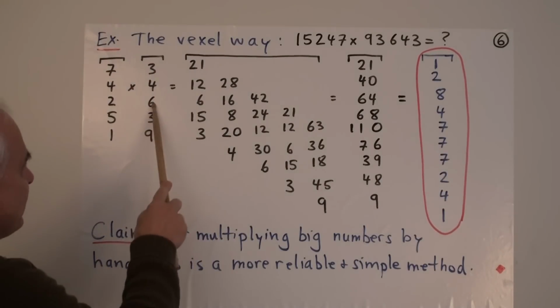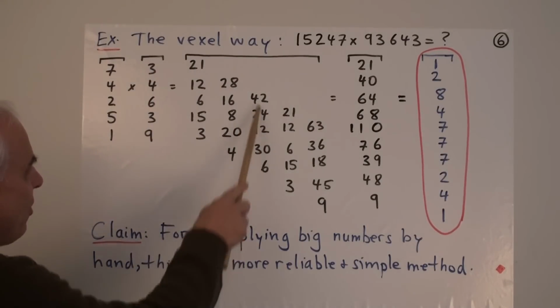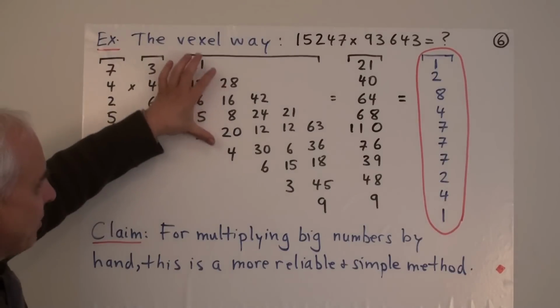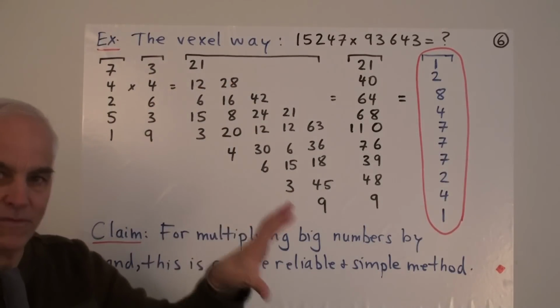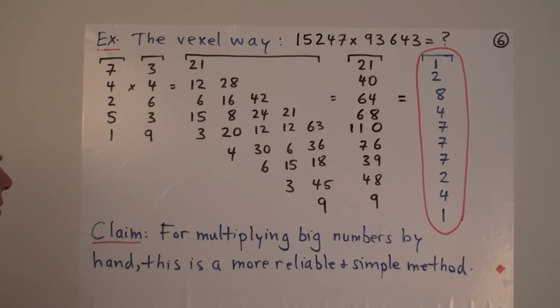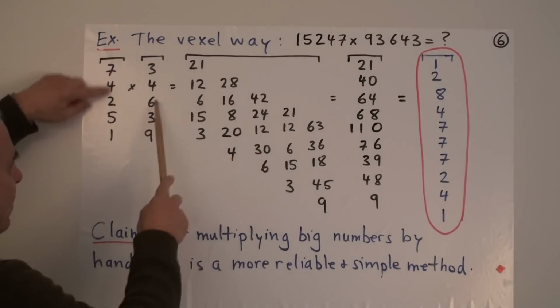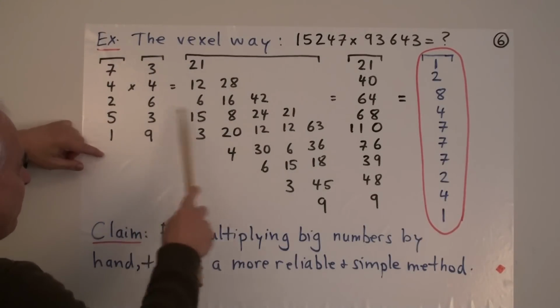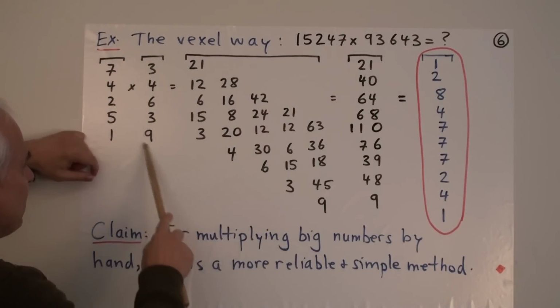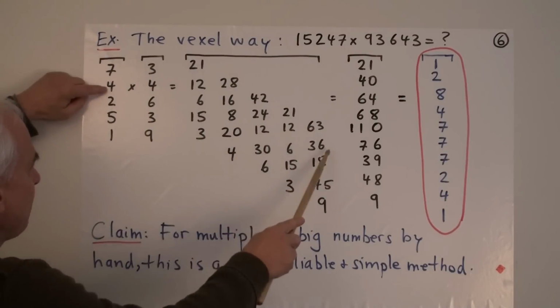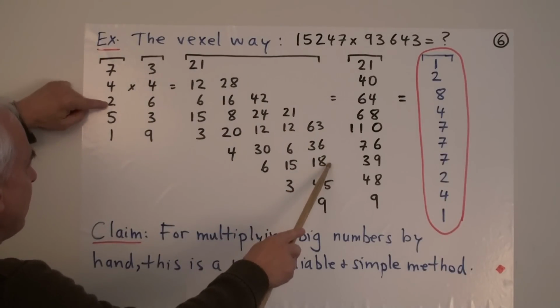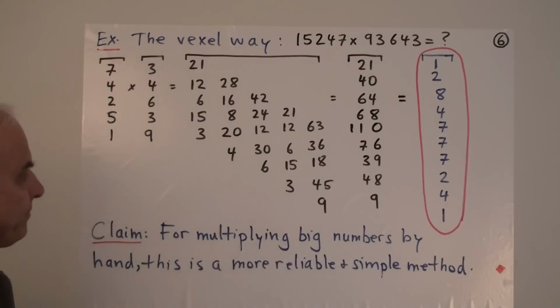And then we multiply by 6, and we get this column here. Each column is offset 1 down from the previous one. 6 times 7, 42, and so on. And then we multiply by 3, we get this column. And finally, multiplying by 9, we get 63, 36, 18, 45, and 9.